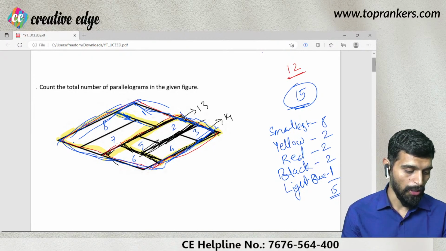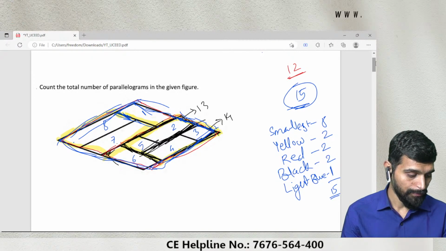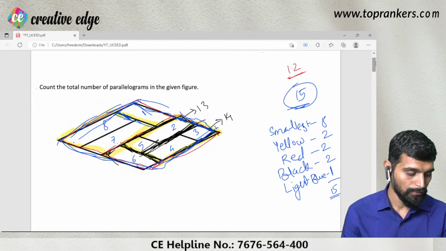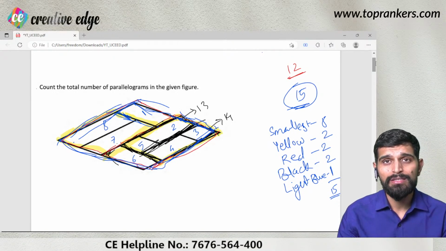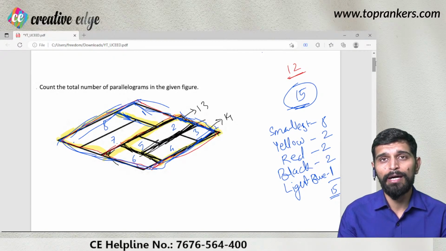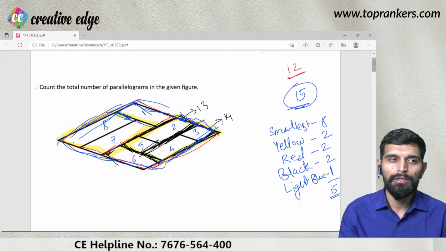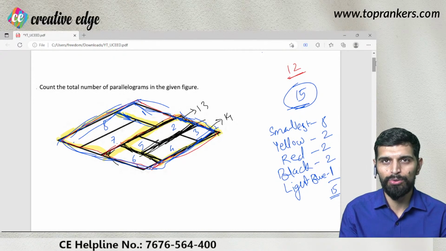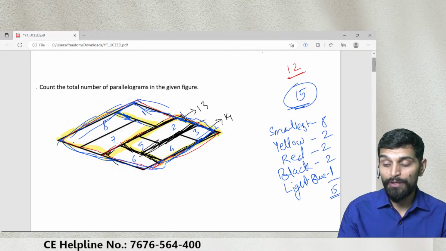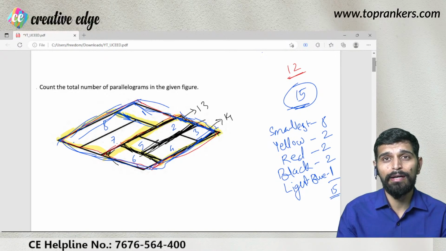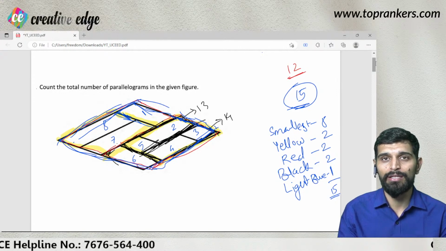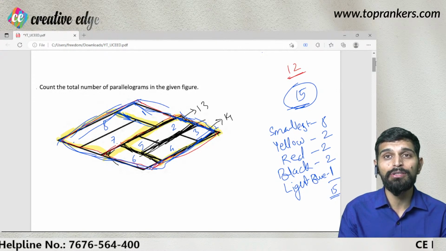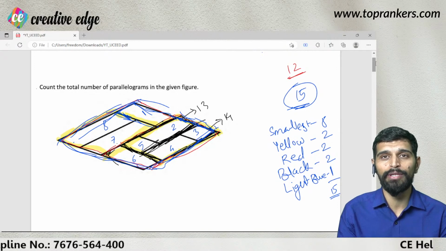So how many smaller ones? Practice is the key, and effective, correct practice is required. I'll not say practice anything, but practice what is generally relevant to the exam, right?